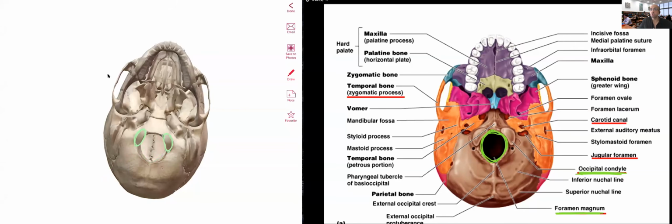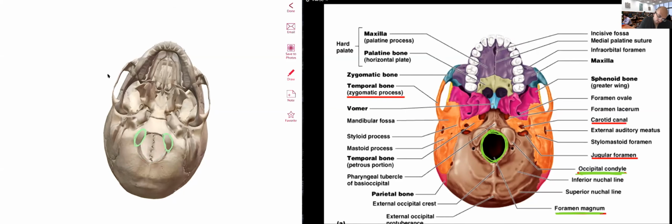Condyles, those are articular surfaces. A condyle is an articular surface, and they are the articular surfaces of the occipital bone. So we call them occipital condyles.